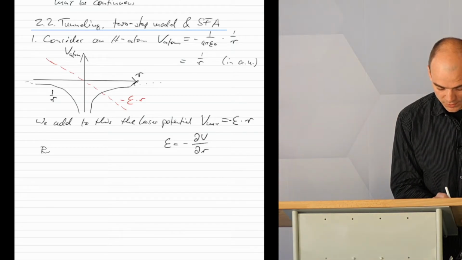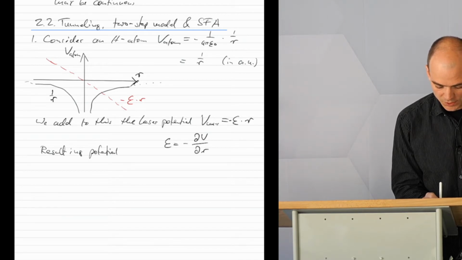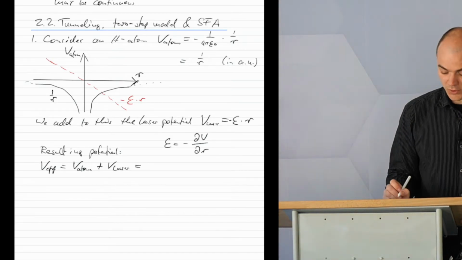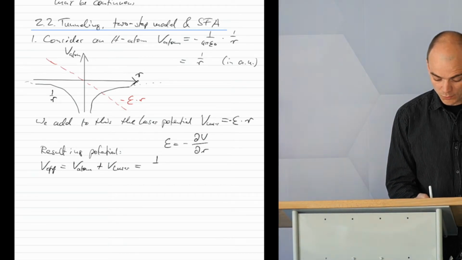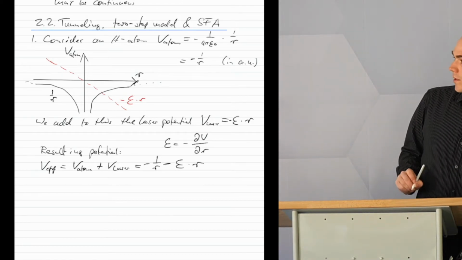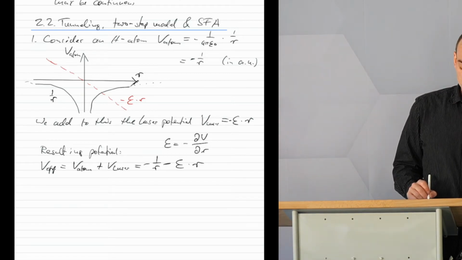Okay, and so the resulting potential. I think I'll draw it again. The resulting potential is called V effective equals V atom plus V laser. And this is in atomic units simply 1 over R. Sorry, this is minus 1 over R, of course, minus E times R. Yes, this is the effective potential.